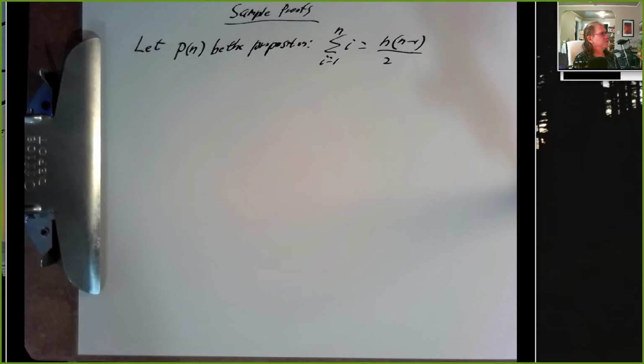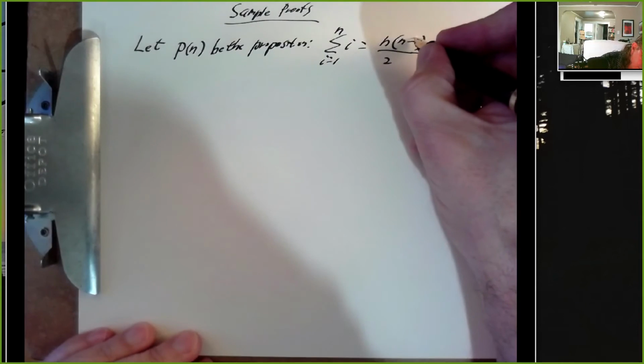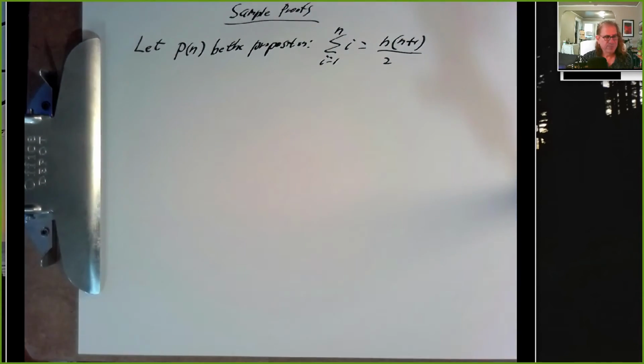I feel like that should be a plus. 1 plus 2 plus 3 is 6. That's 3 times, yeah, that's a plus. All right, so our proposition P of n is that the sum of the integers from 1 to n is equal to n times (n plus 1) over 2.